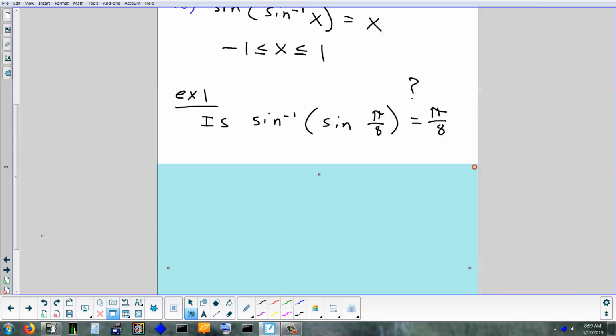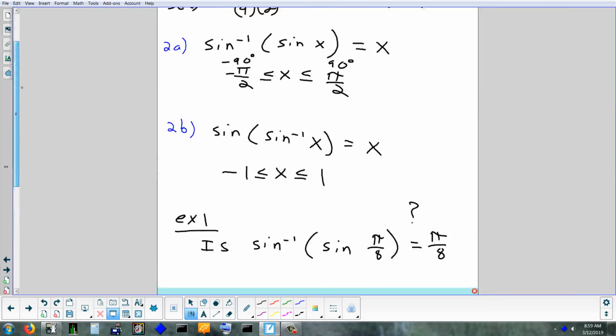Is that one more like formula 2a or 2b? 2a. Yeah, it's 2a because the inverse is on the outside, the regular is on the inside. So I'm supposed to be between negative 90 to 90 or negative pi over 2 to pi over 2.